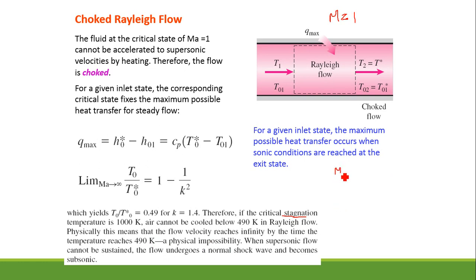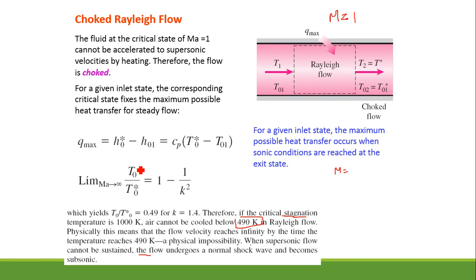We all know that after the choke condition there won't be any mass flow rate inside the nozzle, then the flow will be choked. So we can easily say that if it is cooled below 490 Kelvin, automatically the Mach number will reach M equal to 1, and if you continue after that, the Mach number cannot be supersonic, so the flow undergoes a normal shock wave, and after that it will become subsonic only.